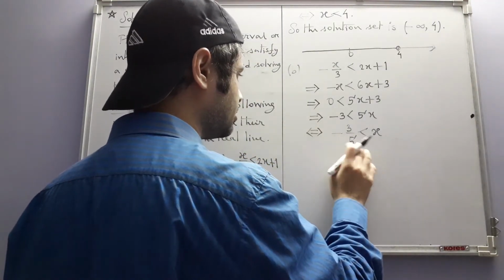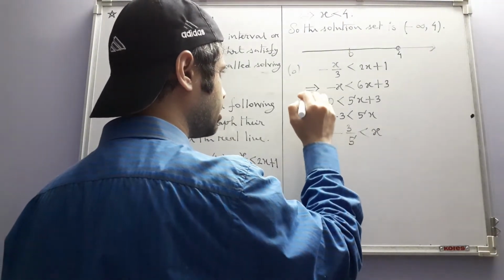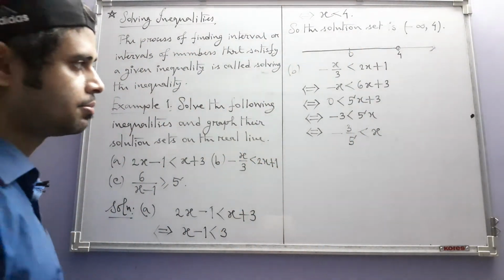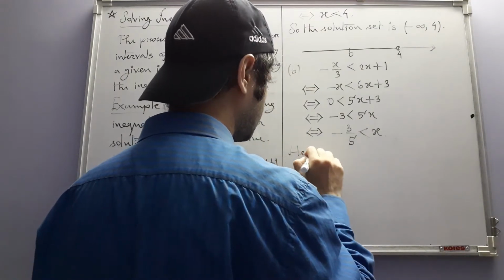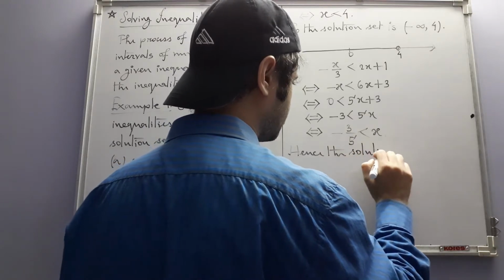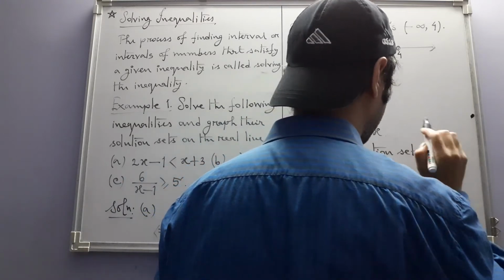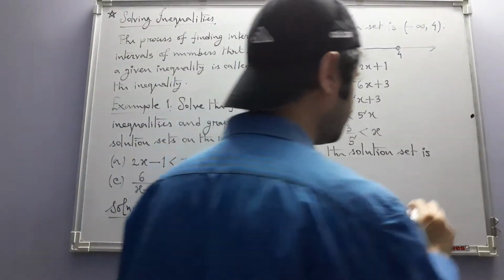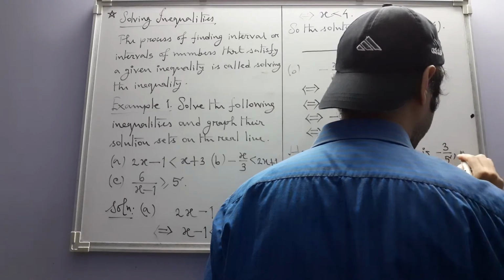If this is true, then you can multiply both sides by 5 to get this, and you can see that all the other steps also can be reversed. Hence, the solution set is, here x has to be greater than minus 3 by 5, is this ray.